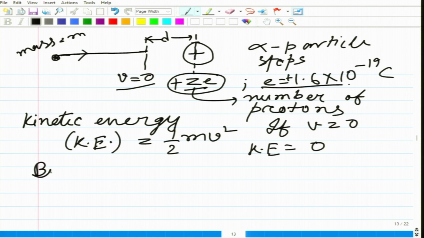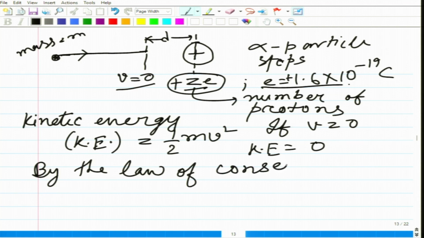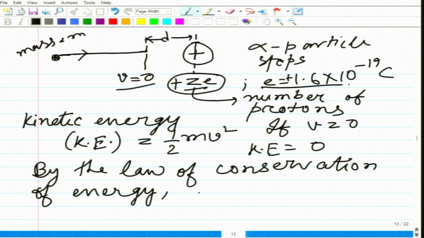But by the law of conservation of energy, we know that energy cannot be created nor can it be destroyed. Energy can be converted from one form to another.